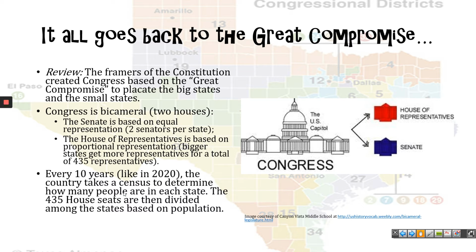And the way we know how many representatives each state gets is every 10 years, like in 2020, the country takes a census to determine how many people are in each state. And then based on what percentage of the population is in that particular state, they'll receive a certain percentage of the 435 House seats.